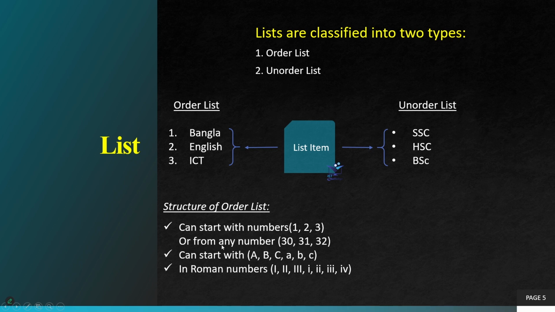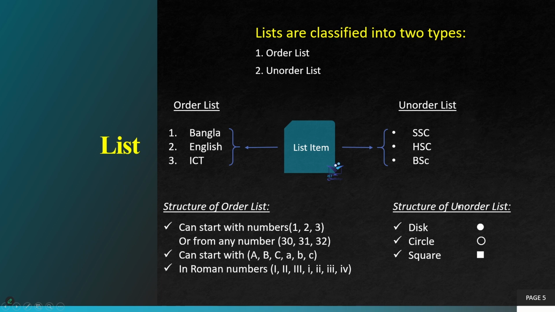Like it can be started with Roman numbers, Roman 1 2 3 4 5. Now again the unordered list can be changed, like the list structure can be changed for this disk type, like this is a disk type style, this is a circle style, this is a square type style, right?